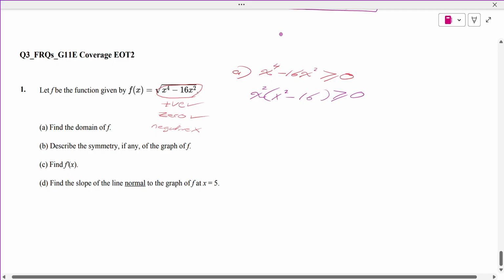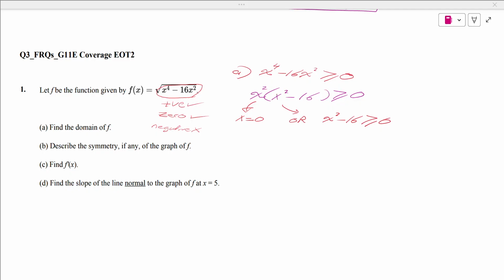So what are the solutions for this inequality? Well, this inequality, x squared times another bracket, which is x squared minus 16, is bigger than or equal to 0. Here x can be 0, right? Or x squared minus 16, the other bracket, is bigger than or equal to 0, right?